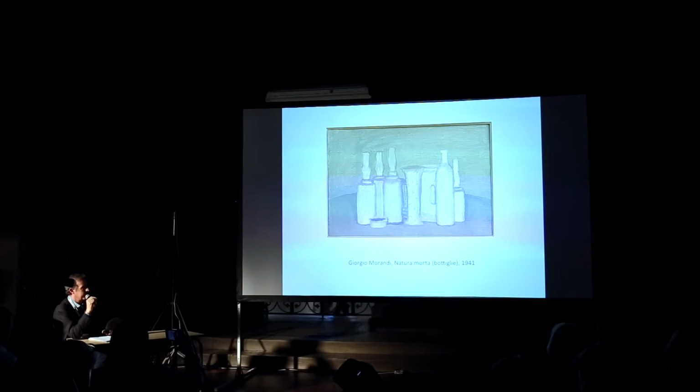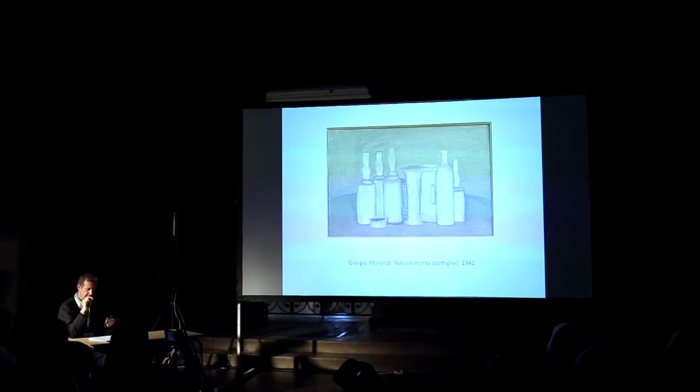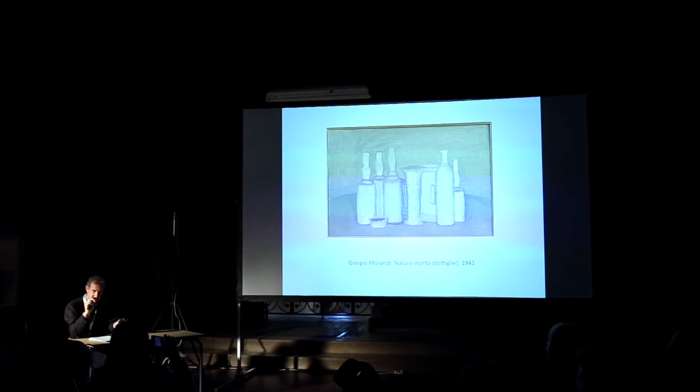So again, there is a very specific relation with this, but the object has gone through a process of deobjectivation, which questioned the status of the object and the status of its representation in art.